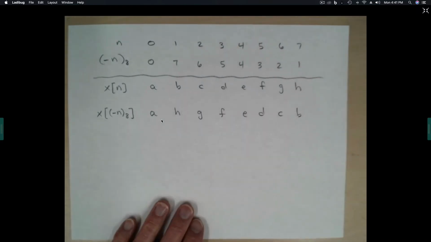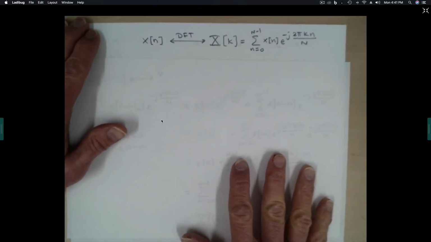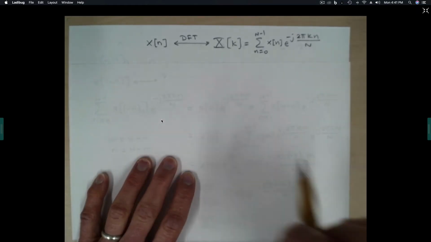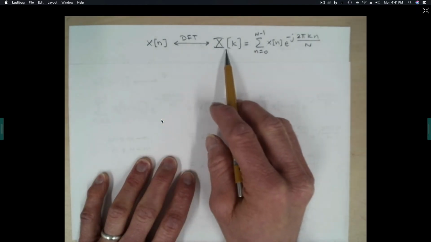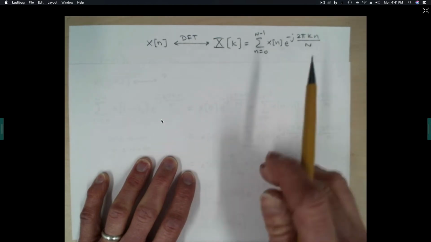So let's see how we can then derive the time reversal property of the DFT, exploiting these ideas. All right, to begin, we're going to assume that a sequence x of n has a DFT given by X of k, and here's the DFT analysis formula.